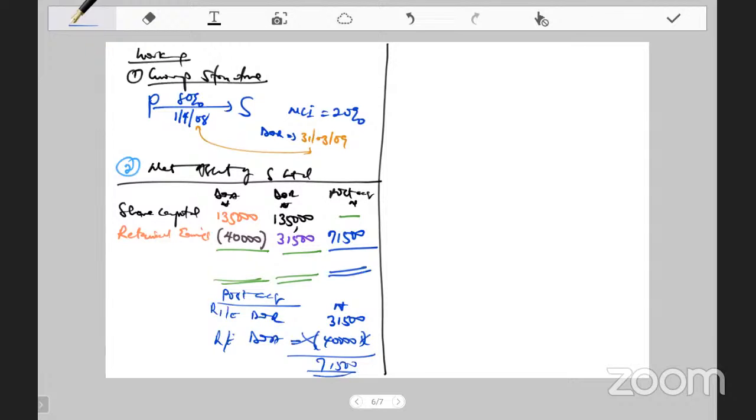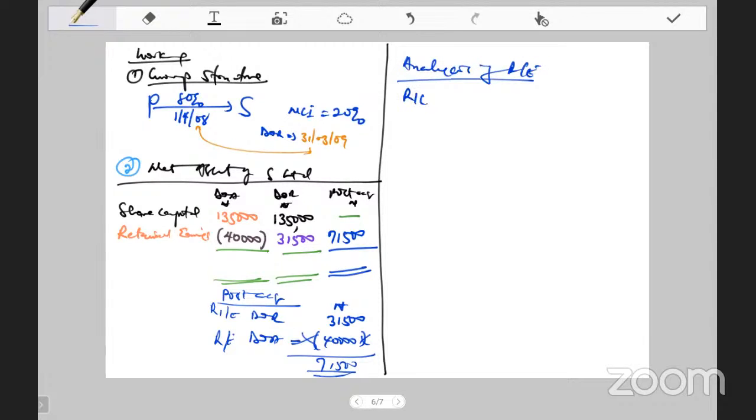What this is simply saying is that for the organization to have made a profit of 31,000, I would like to bring this up for you. Let me look at what we call the analysis of retained earnings.